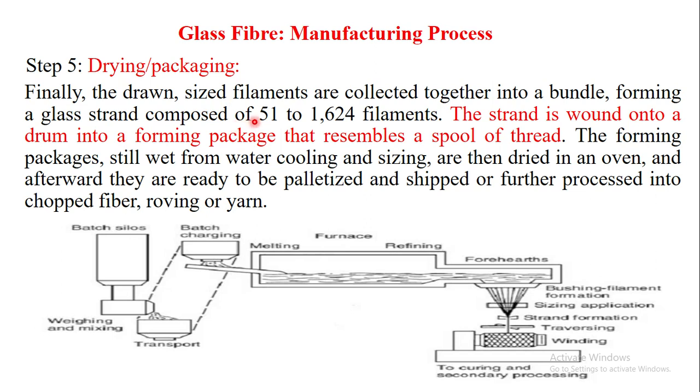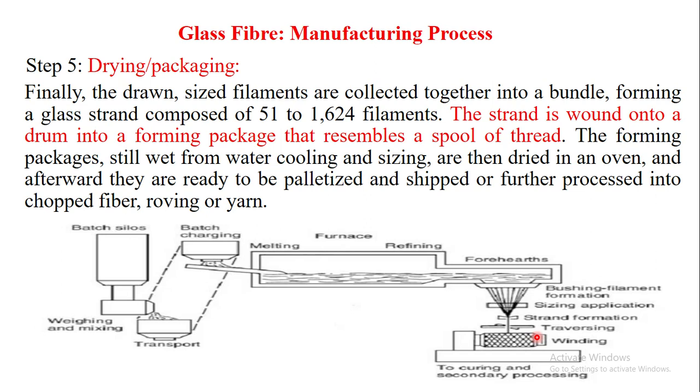Finally, the drawn sized filaments are collected together into a bundle, forming a glass strand composed of 51 to 1624 filaments. The strand is wound onto a drum into a forming package, like a spool of thread.